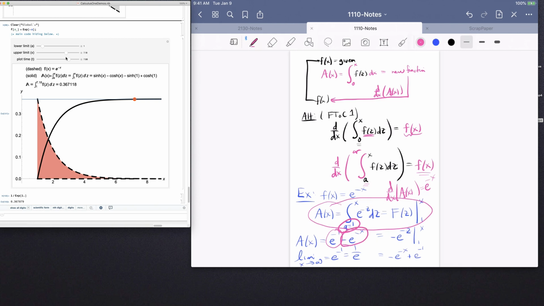So the derivative of the accumulation function is still the function on the inside evaluated at x, even though there is a constant. Okay? So in the next video, we'll look at other types of interesting functions that can appear from accumulation functions.